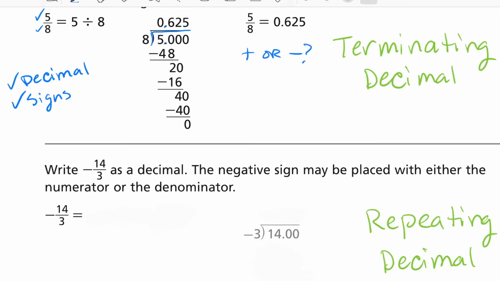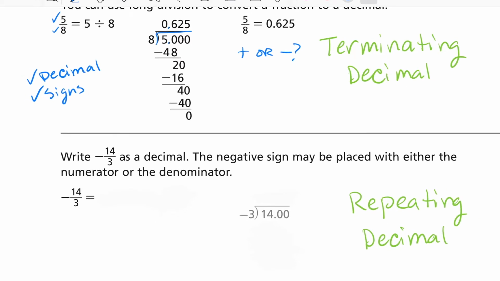Down here, we're going to write negative 14/3 as a decimal. Now, one question that I get from students is whether that negative sign can go with the numerator or whether it can go in the denominator, or does it matter, or does it go with both? The big thing with this is that it doesn't matter which one it goes on.